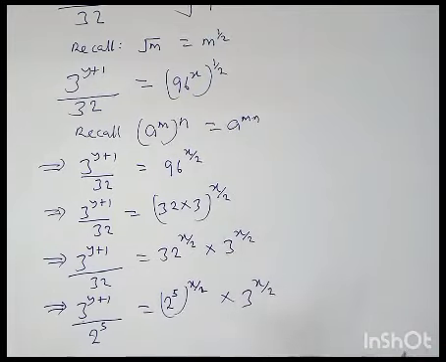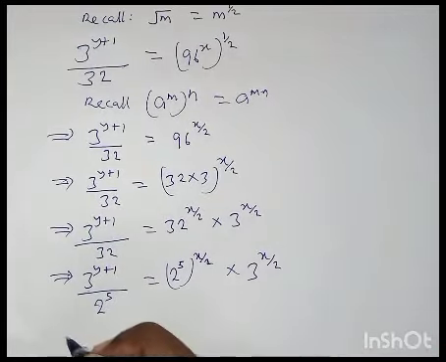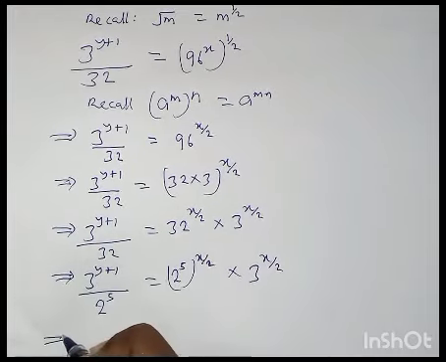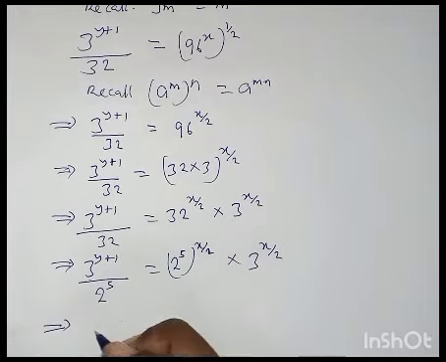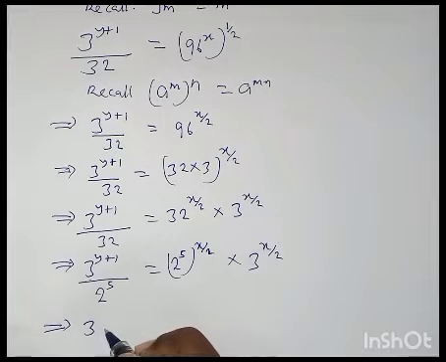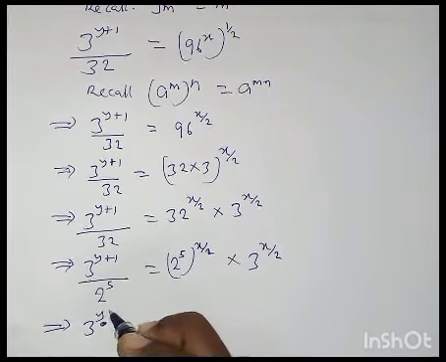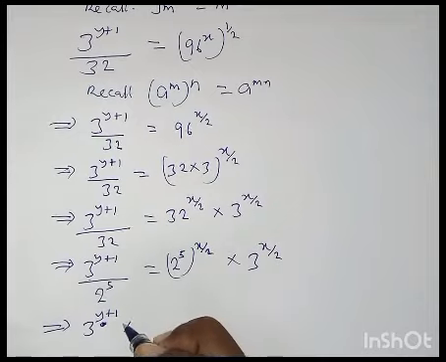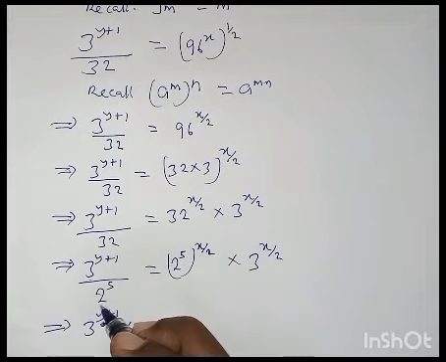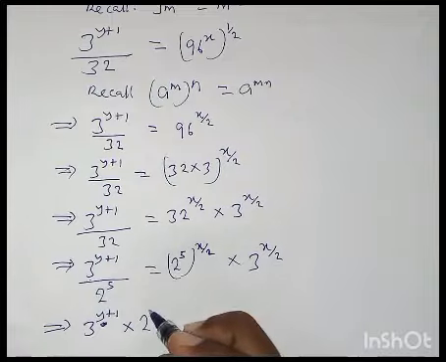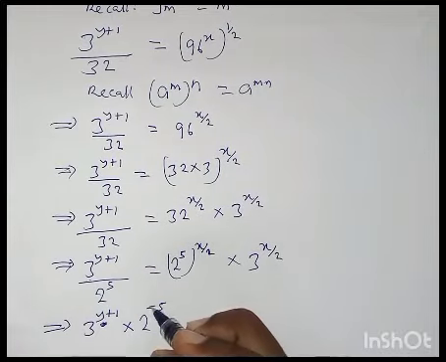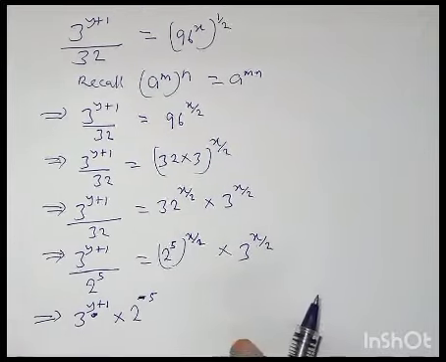Then multiply by 3^(x/2). Now this is the same thing as 3^(y+1) multiplied by, instead of 2^5, it will be 2^(-5), according to laws of indices.